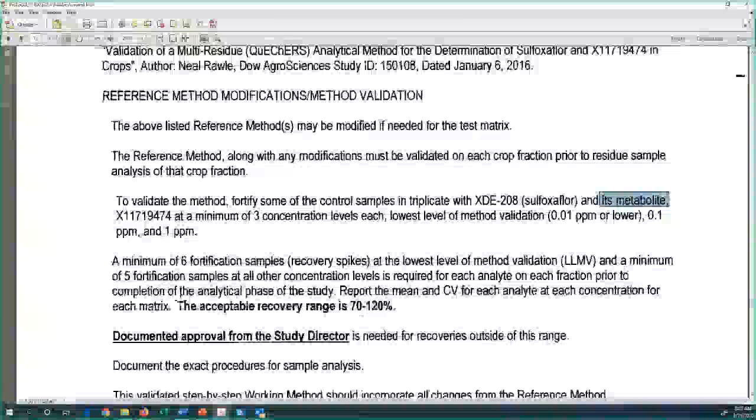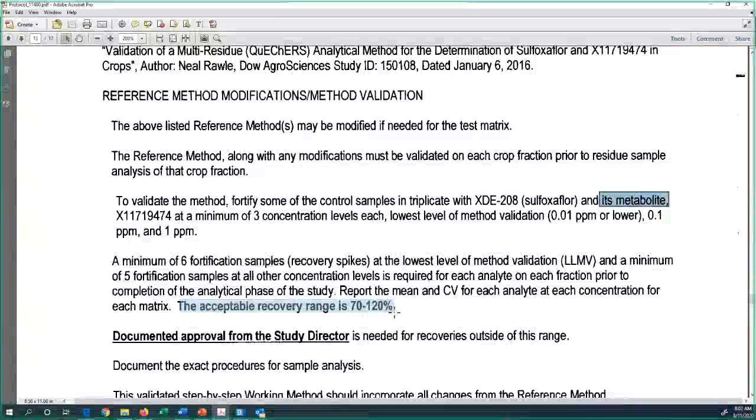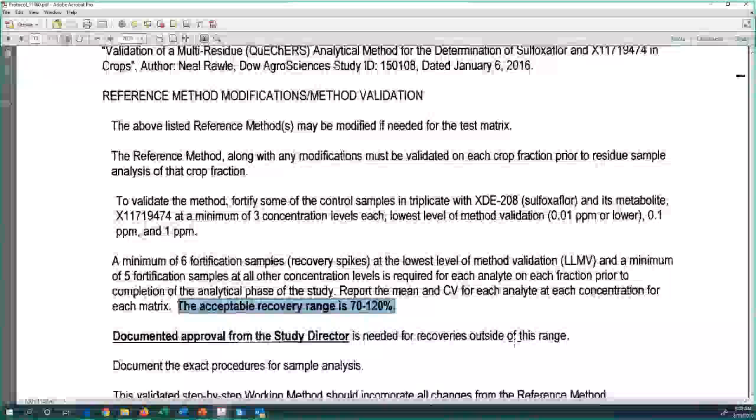Okay, the acceptable recovery range is 70 to 120. If it is recovery, the question here is how could we justify a recovery rate of more than 100%?